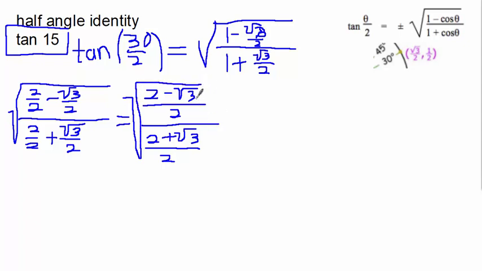So I do copy, dot, flip-flop. What I do notice here is the denominators are exactly the same in both of these. So those are going to end up canceling, and I'm going to end up with 2 minus square root of 3 over 2 plus square root of 3.